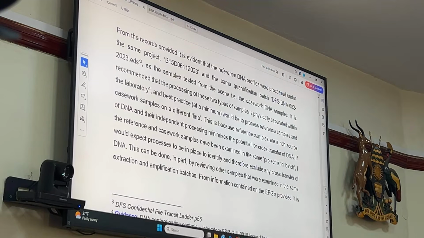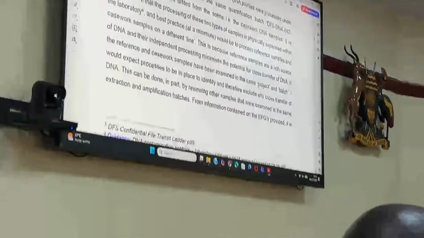As with any scientific test, we must run controls to demonstrate that the process has worked as expected.